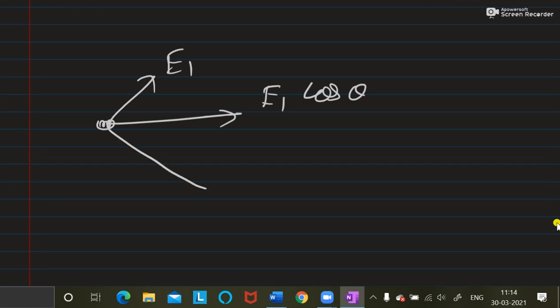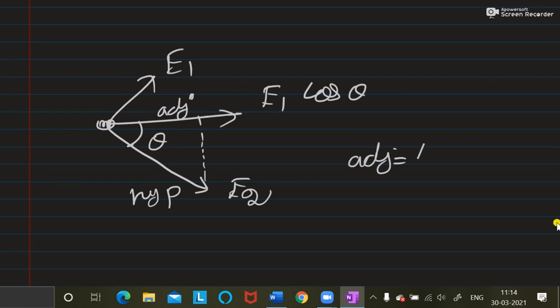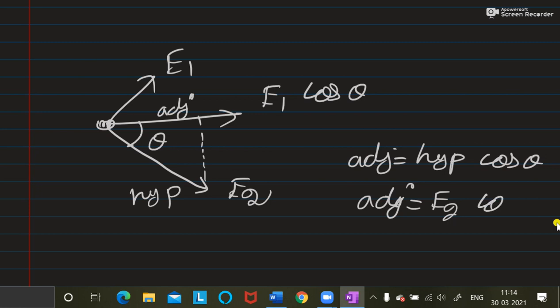So, E2 is acting this side. Okay, the angle of theta. So, I made a small triangle here, the hypotenuse right now is going to be E2, and I want the adjacent because of E2. So, adjacent is equal to hypotenuse times cos theta. I know the hypotenuse here is E2, the same way as we did before, E2 cos theta.